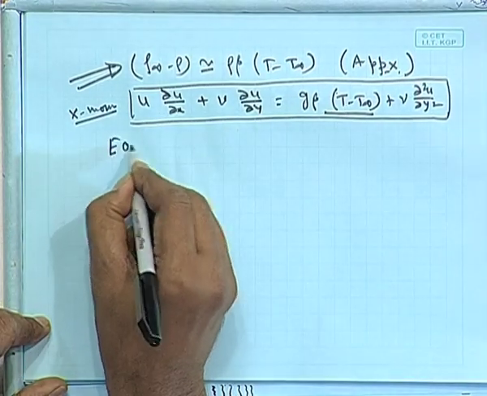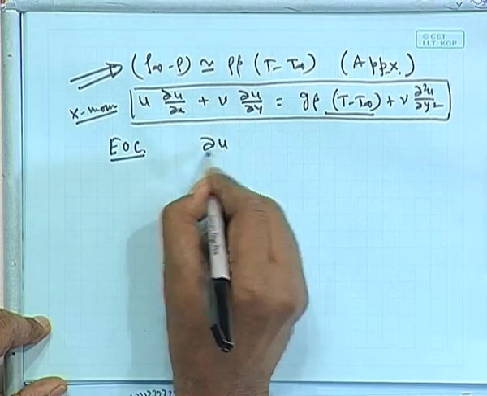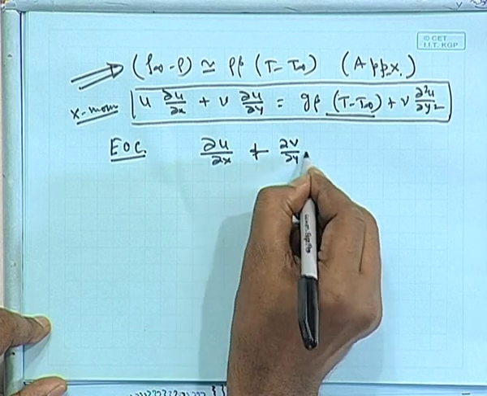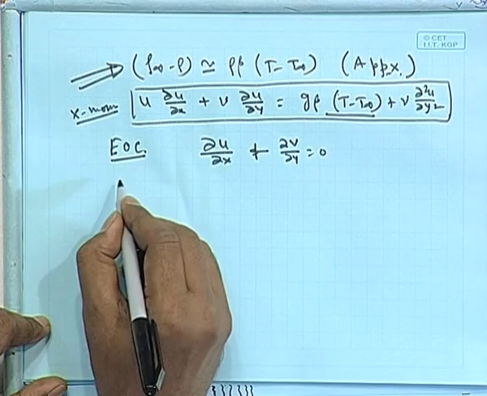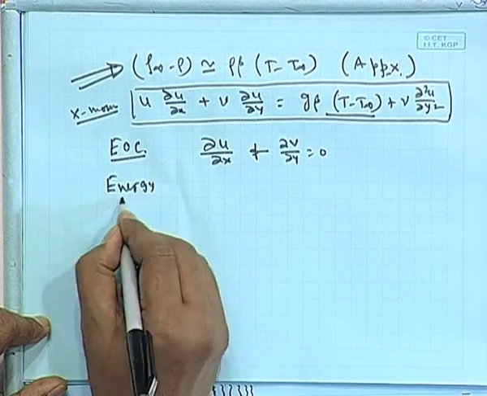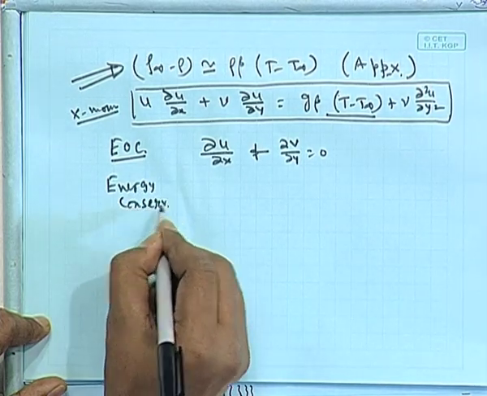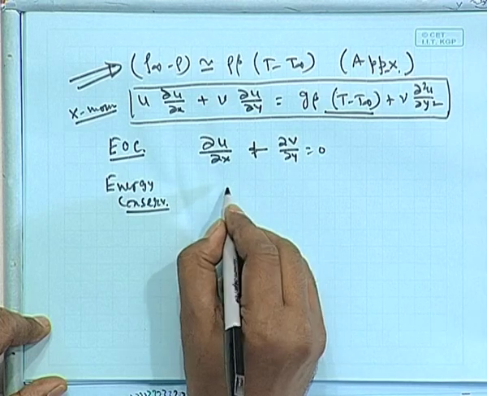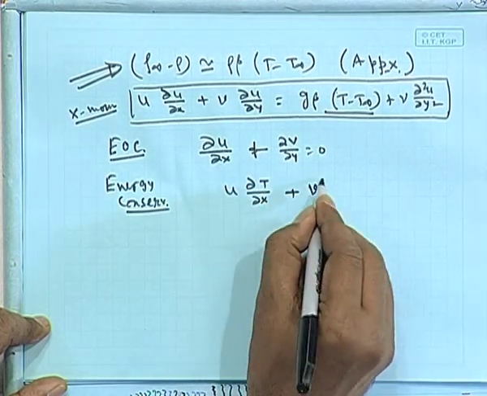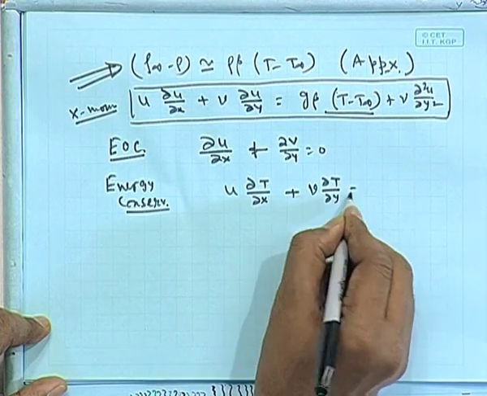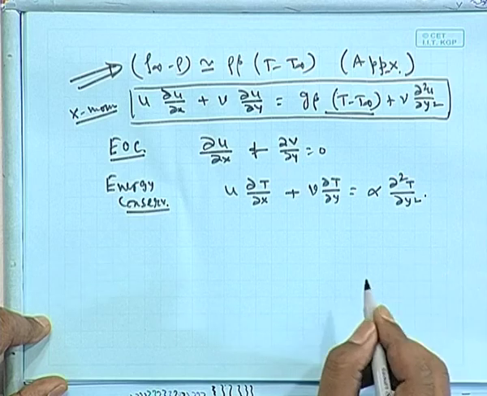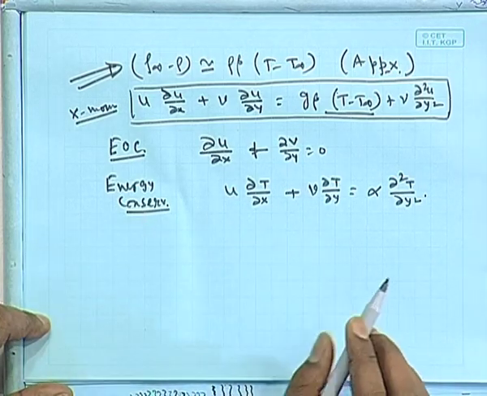Now, you have the equation of continuity, del u del x plus del v del y equals 0, and the third equation is the energy conservation equation, that is u del T del x plus v del T del y equals alpha del square T del y square. That is the energy conservation equation.